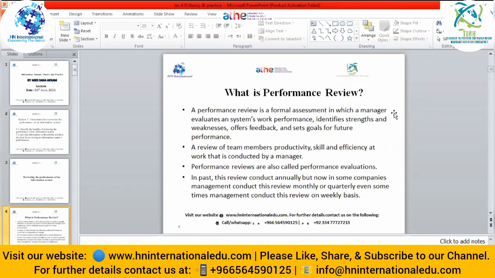Either we have assigned responsibilities to our members according to their skills, or their responsibilities vary from their skills, and either they are doing their work efficiently or facing some problems. According to their productivity we can set different types of solutions. Like if one is not performing well, we can send him or her to training sessions, or we can guide them on how they can improve their performance.